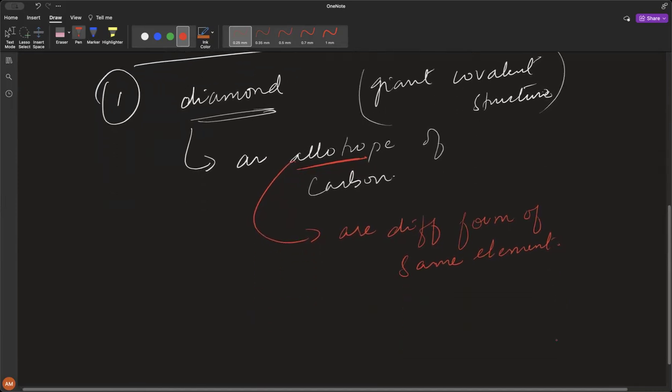Allotropes are two or more different physical forms in which an element exists. No, let's keep it simple. Allotropes are basically two different forms of the same element, with different characteristics as well.